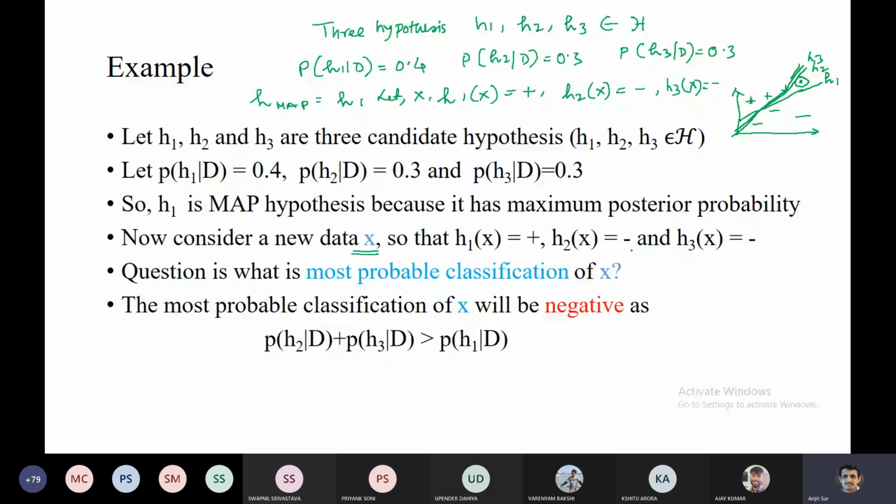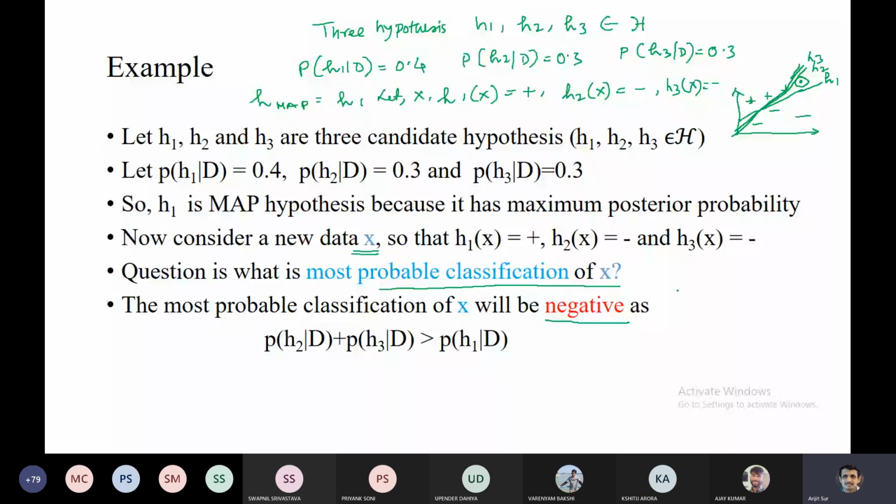The question is, what is the most probable classification of x under this setting? Now, the most probable classification of x will be negative. That means even if the MAP is positive, h1 is 0.4, so it should be plus. But the total thing, why?